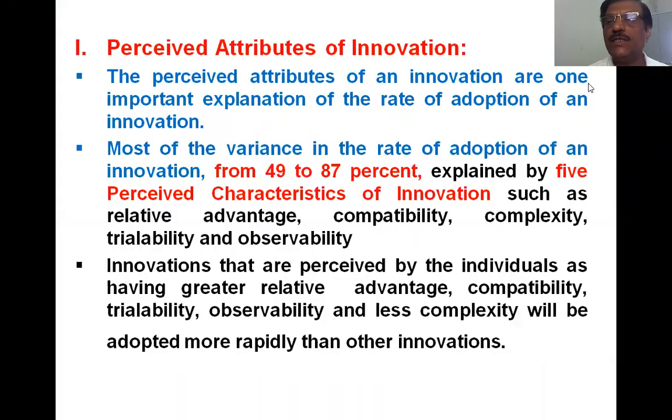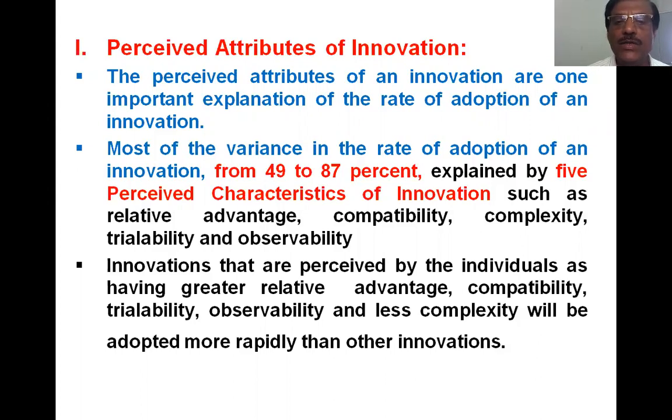So first one is perceived attributes. You already studied in the previous class that the perceived attributes or characteristics of an innovation influence adoption a lot. They are relative advantage, complexity, compatibility, trialability, and observability.